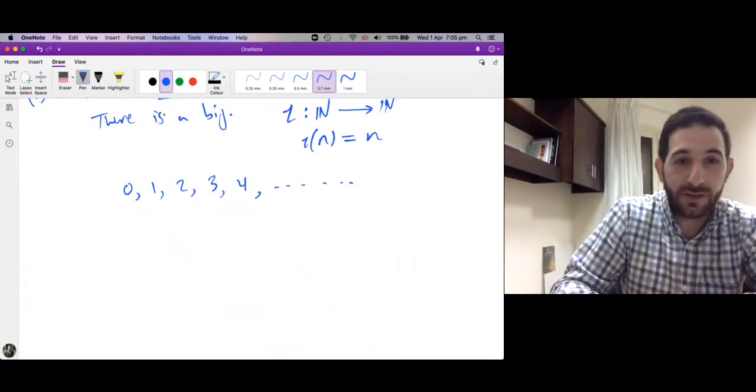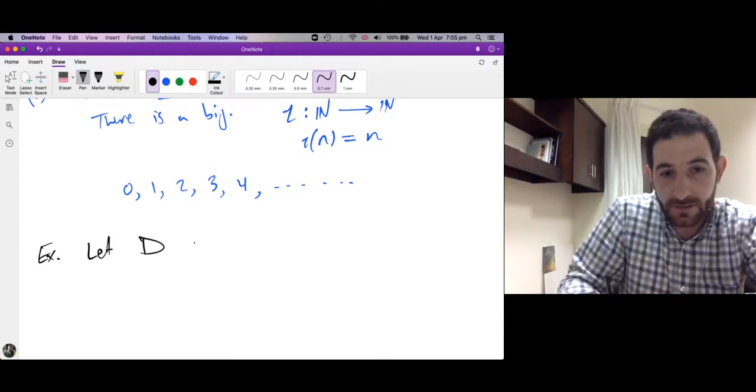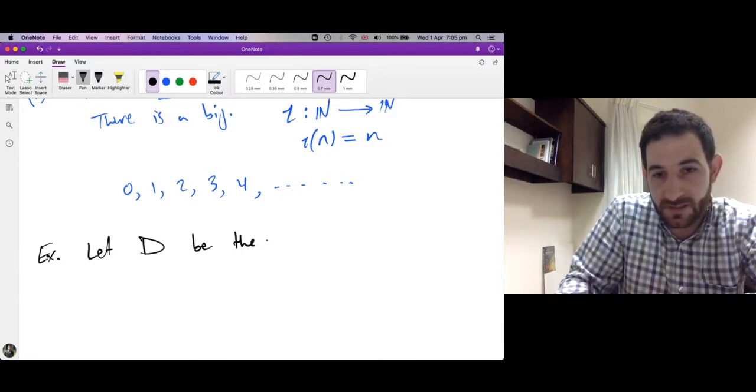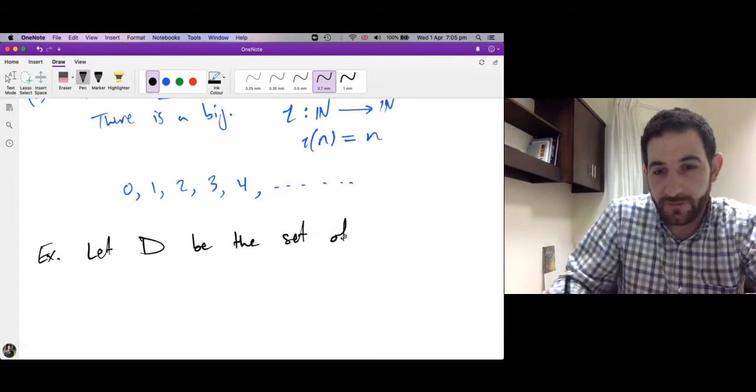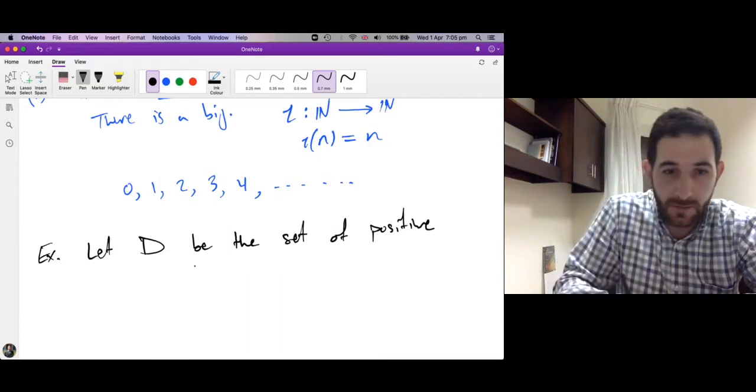Okay, let's have a more interesting example now. Let D be the set of positive odd integers.